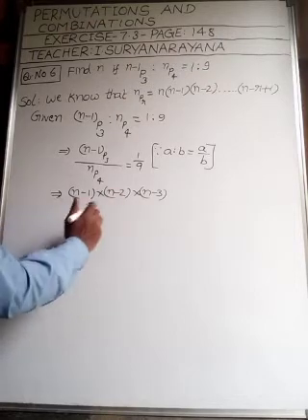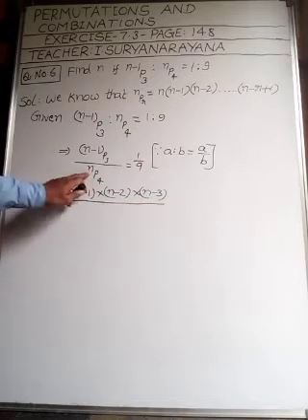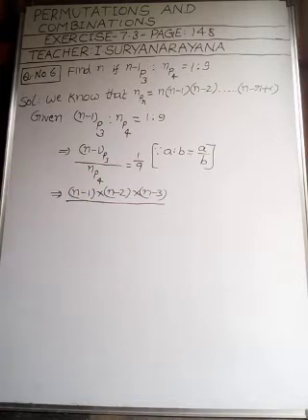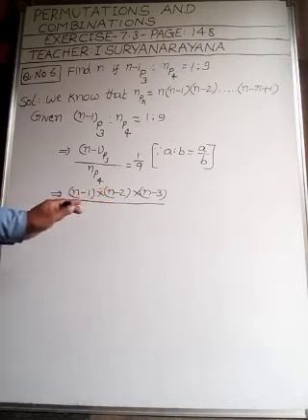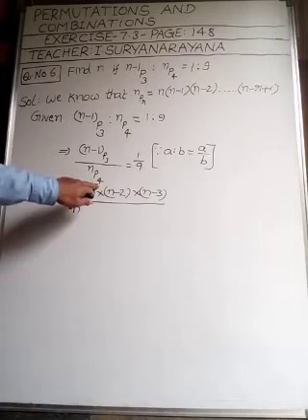Whole divided by nP4. Here we start from n. How many factors should you write in descending order? 4 factors. Here 4 is there. Understood this point, my children?